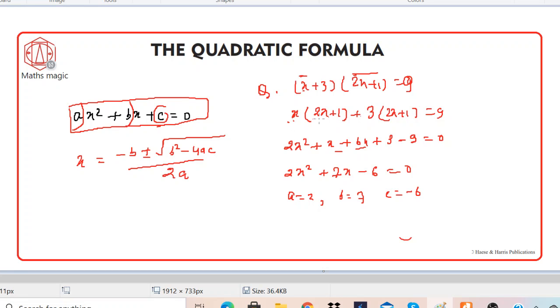So x times 2x becomes 2x square, it's correct. x times 1 remains x only, and then 3 times 2x becomes 6x, 3 times 1 is 3, and shifting 9 from right to left becomes minus 9 is equal to 0. 2x square remains as it is, then x plus 6x becomes 7x, 3 minus 9 becomes minus 6 is equal to 0. It's all clear. I think now it's very easy for you to solve it further.